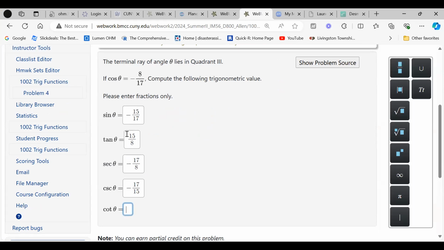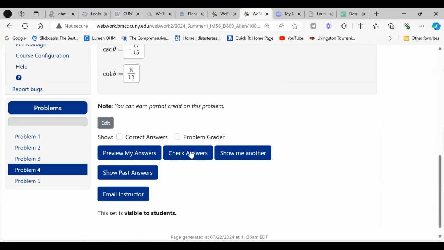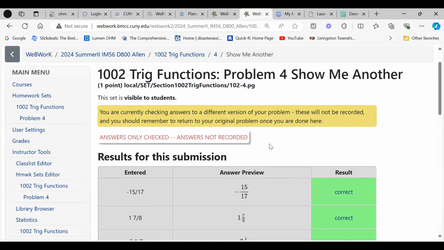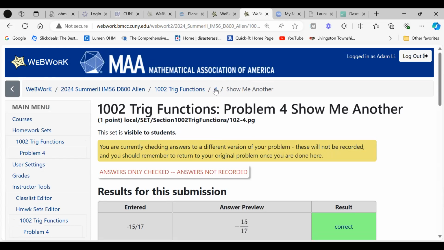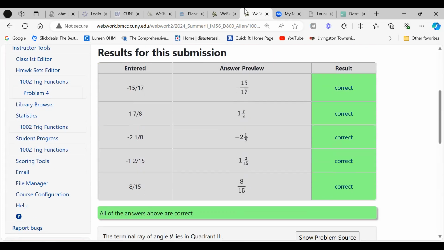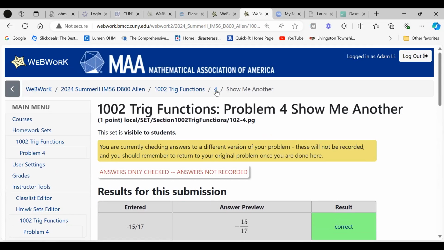Cotangent is the reciprocal of tangent, 8 over 15. Yeah, so that's correct for all of them. Any questions? All right, let's move on to the next question.